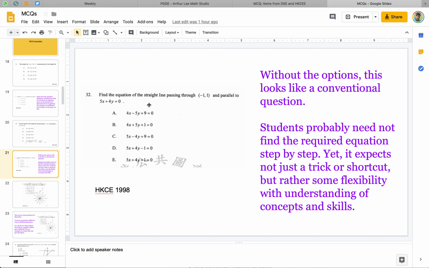Because it requires the student to pay attention to different properties, characteristics, and relations, and make the best connection to answer the question.